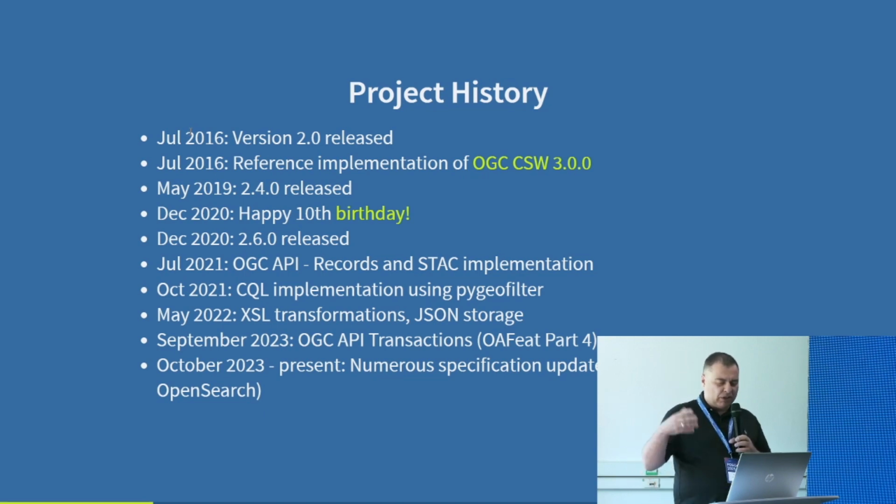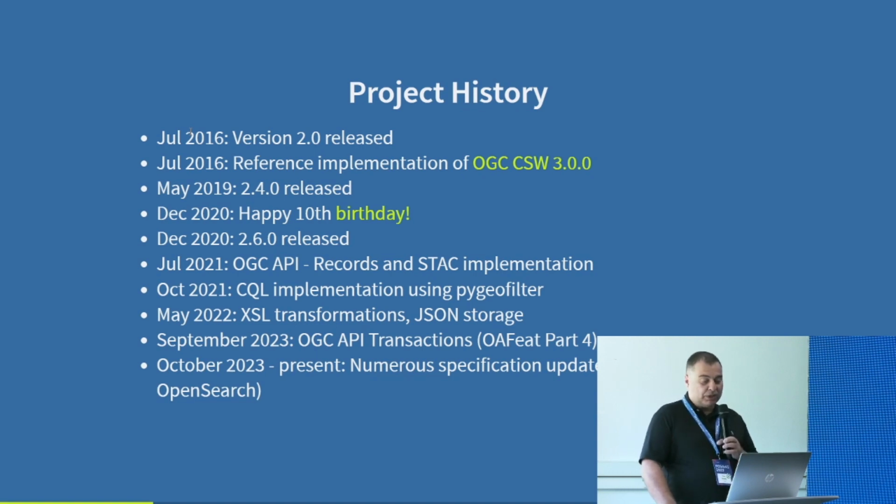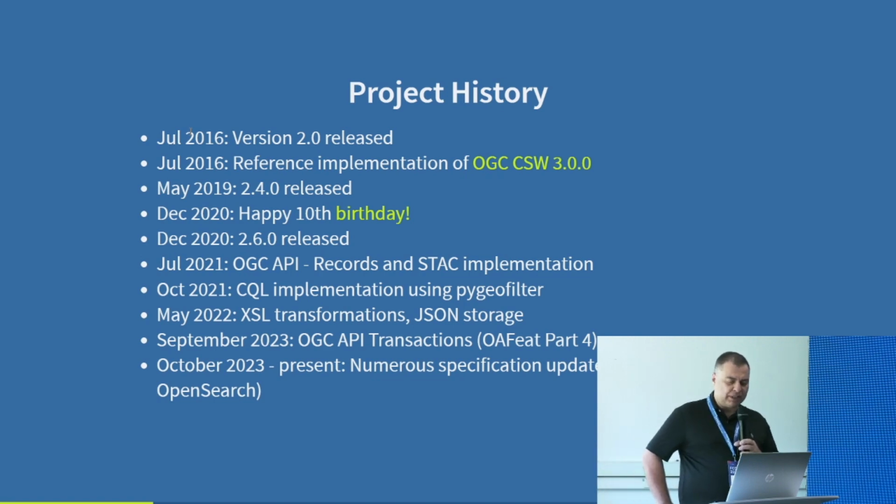We'll talk a little bit about our current efforts, but we're currently working on implementing the specifications for the new OGC API records standard. We also continually try to use libraries and packages that are upstream. So there's a package called pygeofilter. It was presented last year in Florence.